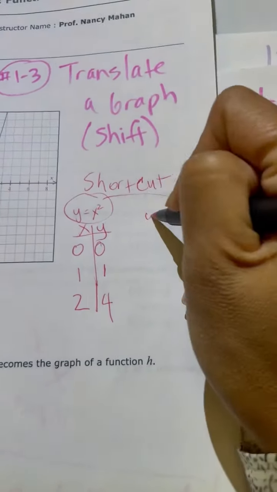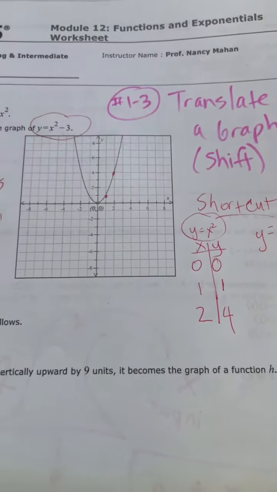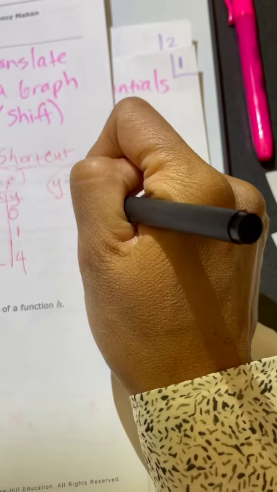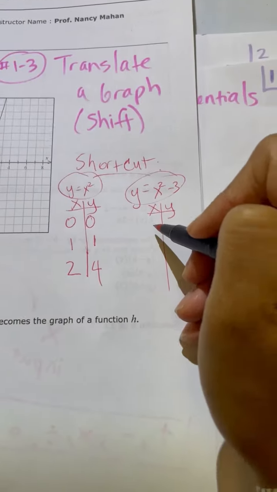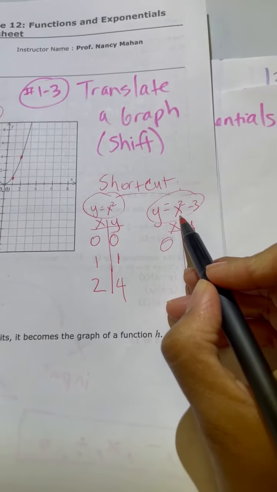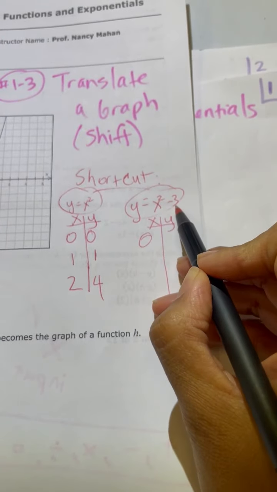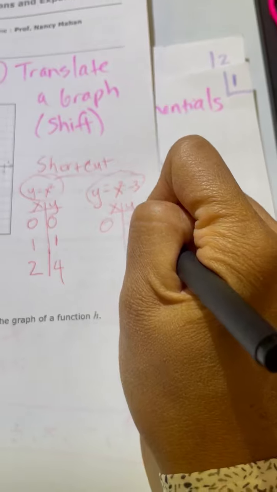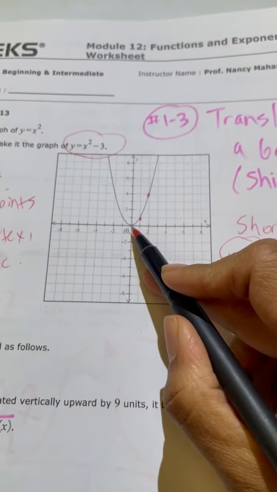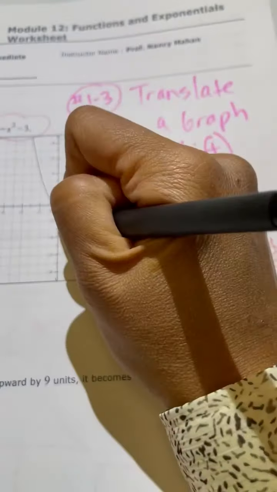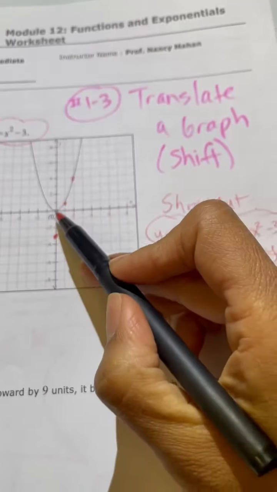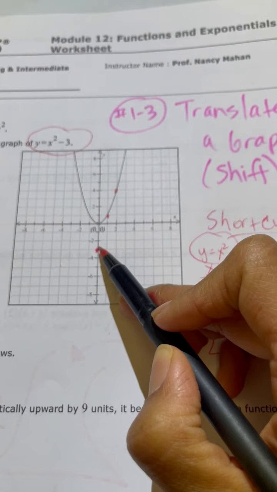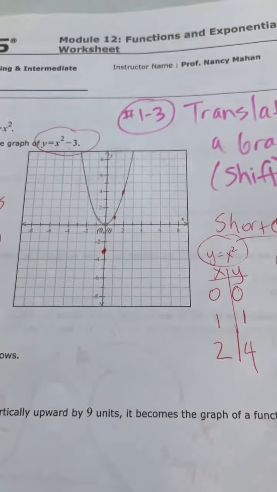Now, however, for the equation y is equal to x squared minus 3, this is the one that we're interested in. If I plug in the number 0 into this equation, what's 0 squared minus 3? Negative 3, right? So here, in my new graph, I have 0, negative 3. So notice that at 0, in the new function, I went how many steps down? 3 steps down, right?